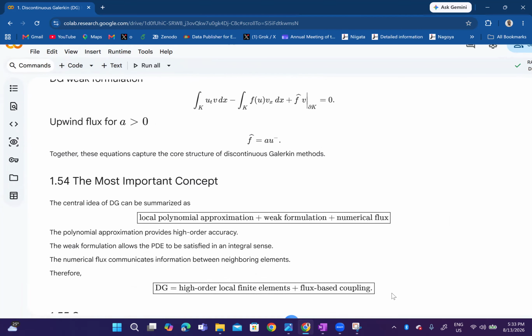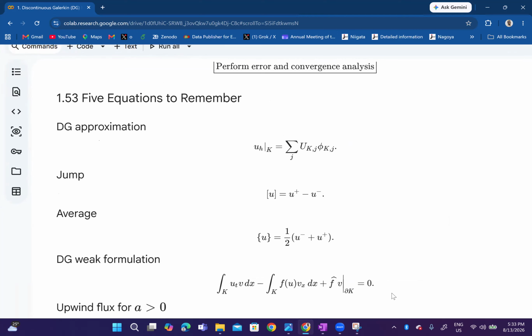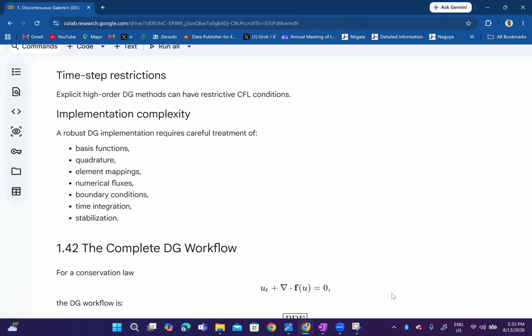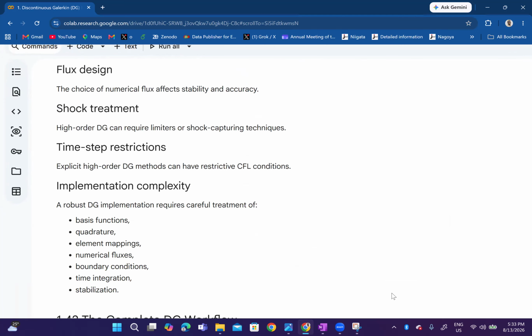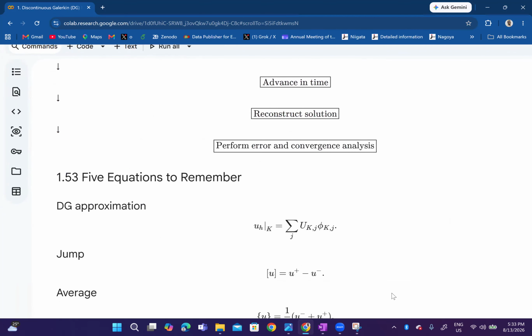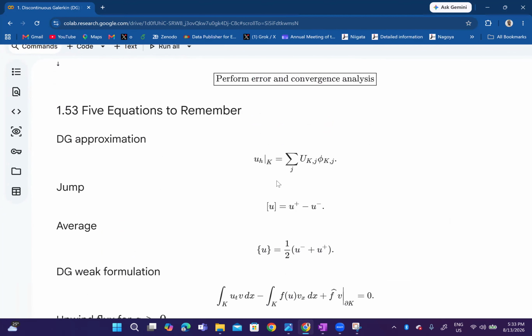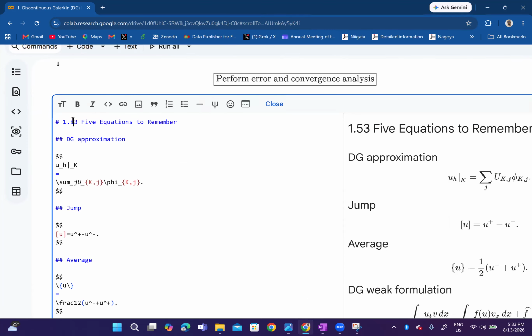Then the most important concept, 1.42. Okay, yeah, I was wondering, this is 1.43 because the last one is 1.42.